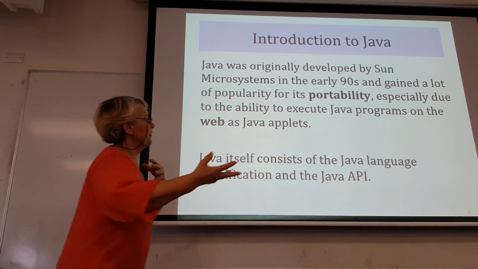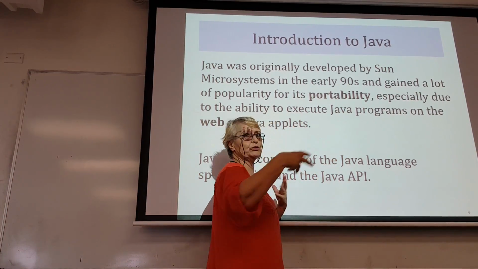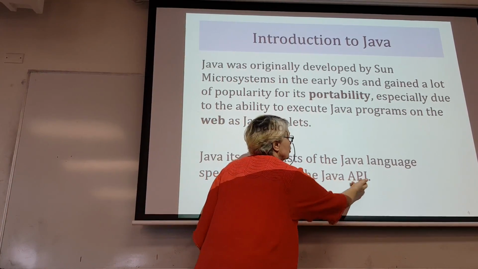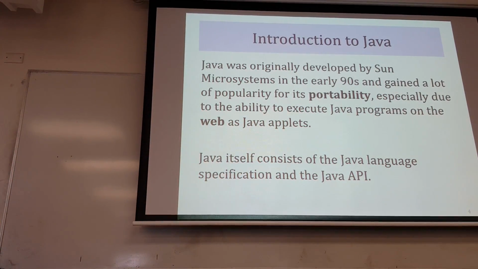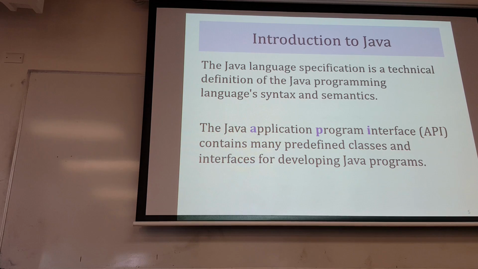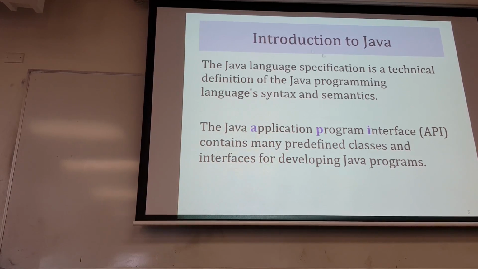There are two things: the Java language, which we will cover, and the Java API, which is a large collection of information about what tools you have there. So our concern is more about this: syntax, semantics.